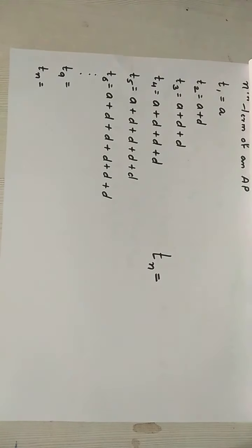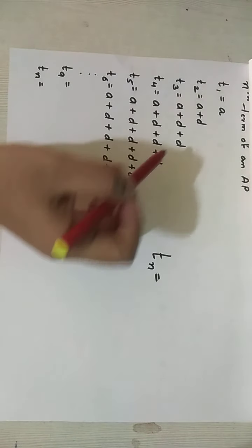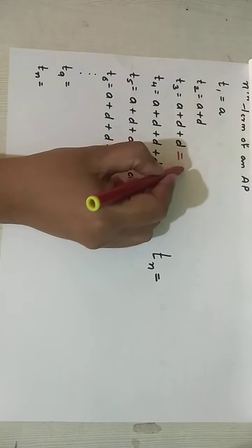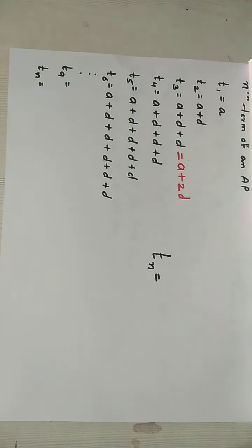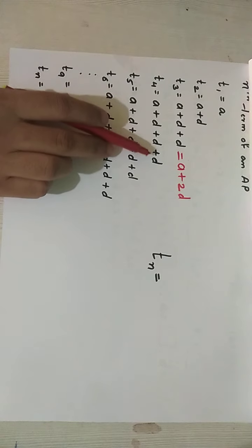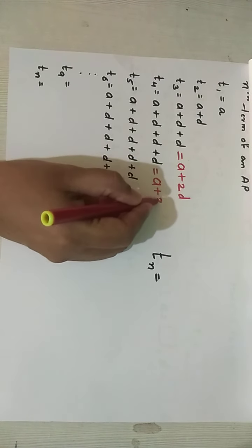Okay, so if you'll observe, this T1 is A, T2 is A plus D, T3 is A plus D plus D, which becomes A plus 2D. D is 2 times, so it becomes 2D. Here it is A plus D plus D plus D. That means it will be A plus 3D.